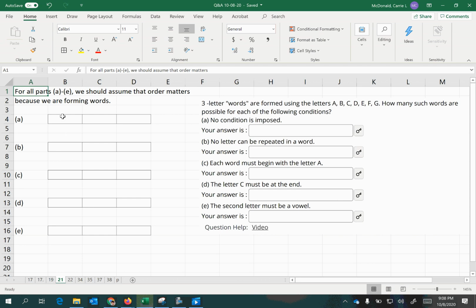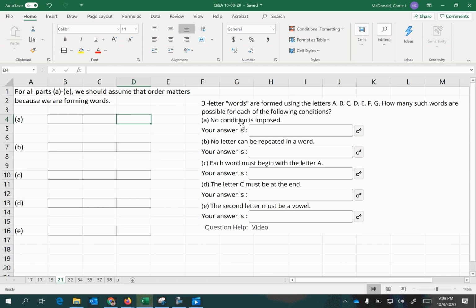The fundamental counting rule says that for however many selections you have, and in each case we are going to select 3 letters, each time we make a choice, there's a certain number of possibilities. When we multiply all those together, we get how many possible permutations there are. So for part A, we just want to select 3 letters to form a word where order matters, but we are allowed to use repetition.